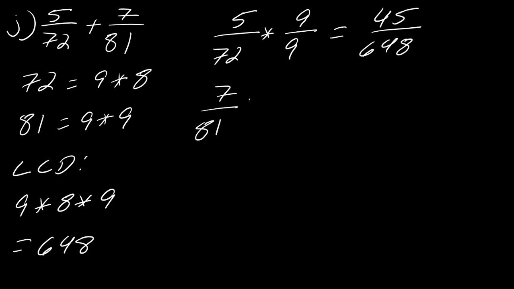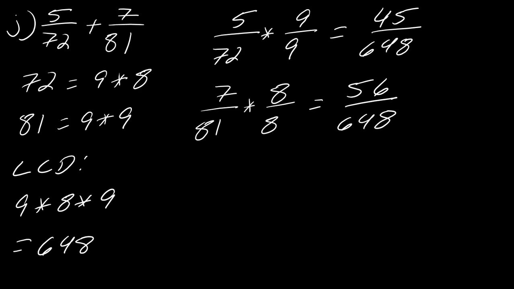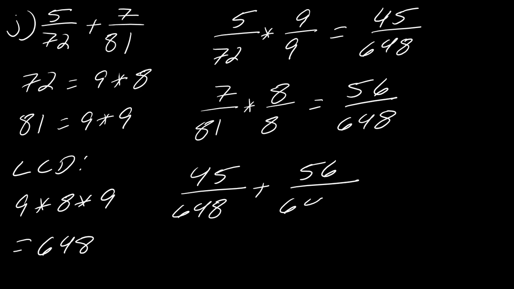And then for 7 over 81, I'm going to multiply this by 8 over 8, so this will be 56 over 648. So 45 over 648 plus 56 over 648 is 101 over 648. So it's a wild one, huh?